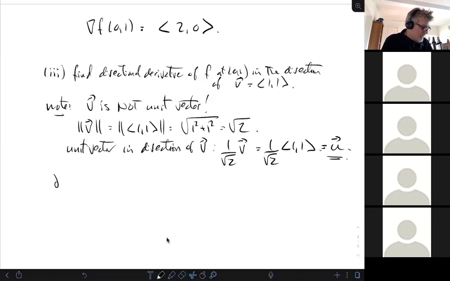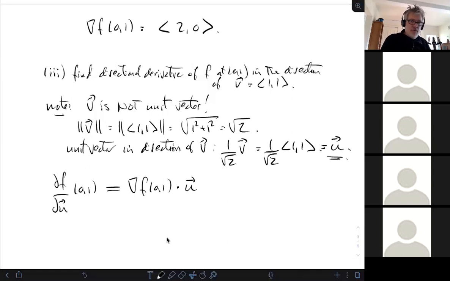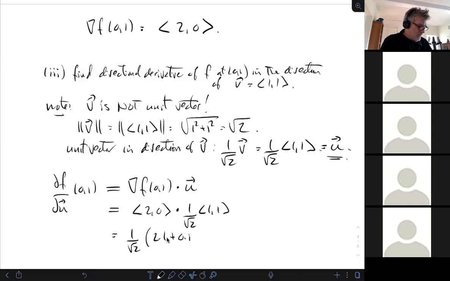Okay, so del f del u at the point 0, 1. We've seen that to compute this, we need the gradient at that point, and you take the dot product with the vector u. I've got my gradient over there, it's (2, 0). Dot product with 1 over root 2 times (1, 1). And of course, these constants that multiply vectors, you can just factor them out. So this is 2 times 1 plus 0 times 1.